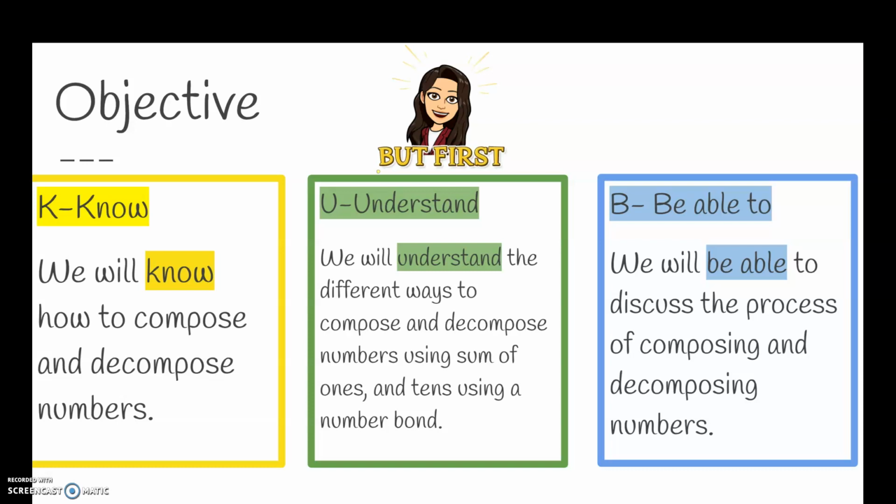And at the end, hopefully, we'll be able to discuss the process of composing and decomposing numbers. Don't forget that you can always use the discussion boards or Flipgrid to record your discussion.